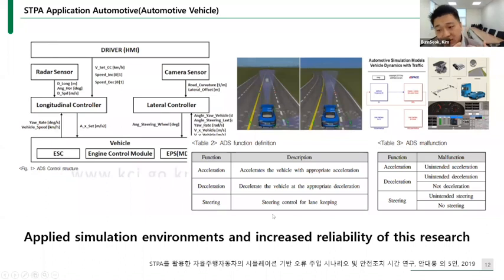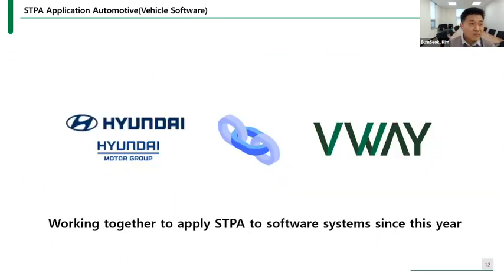By applying simulation, they were able to improve the reliability of the STPA analysis. Also, we have started a collaboration with Hyundai Motor this year on STPA. We are also trying to do STPA analysis to match their new system and new environment.